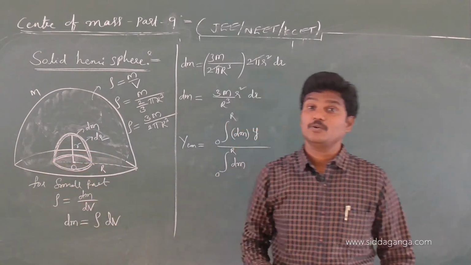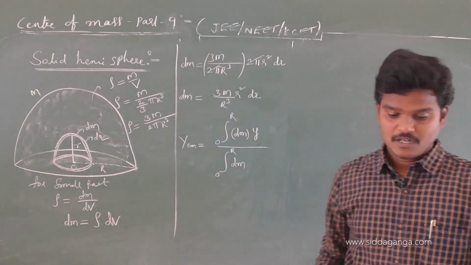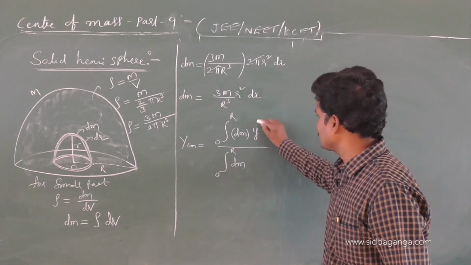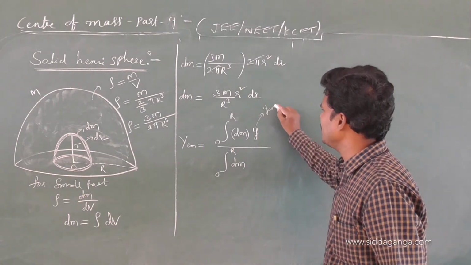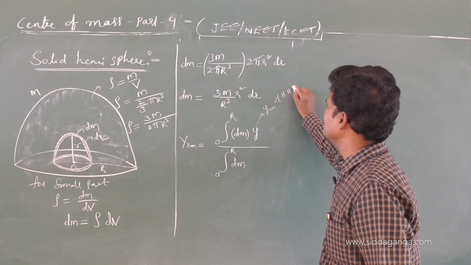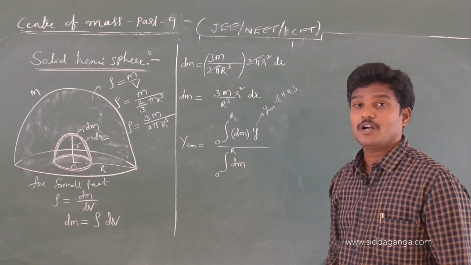What is the formula for the hollow hemisphere? Just now we got it: R by 2.